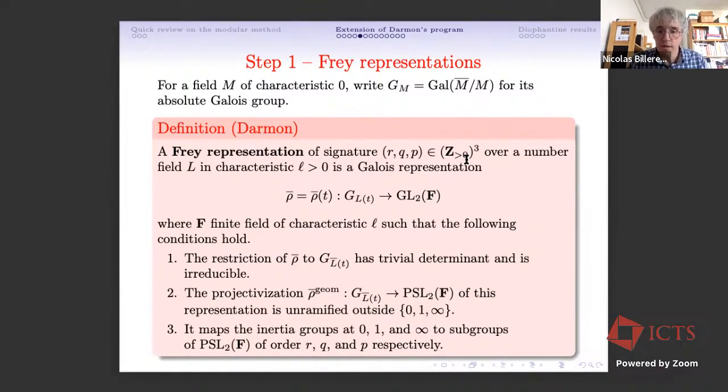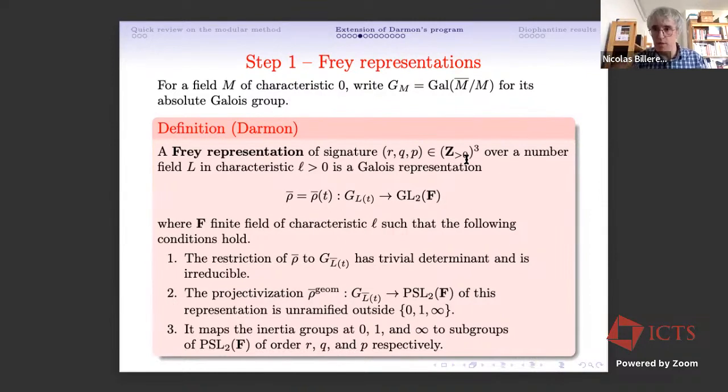And finally, because I haven't been talking about the signature so far, you want the inertia groups at 0, 1, and infinity to map to subgroups of PSL2(F) of order r, q, and p respectively.